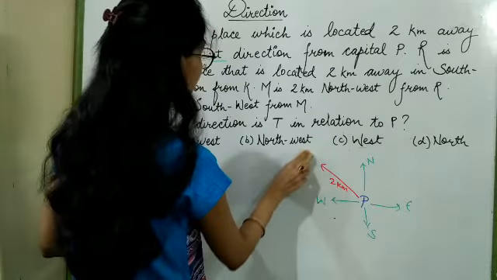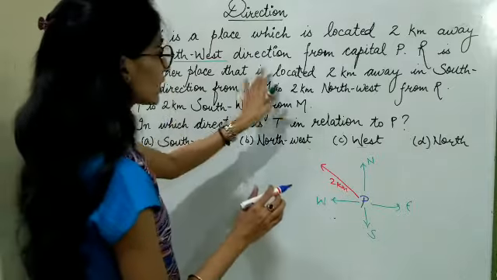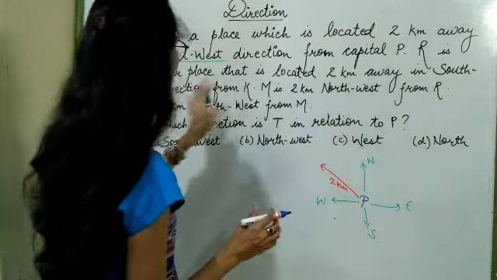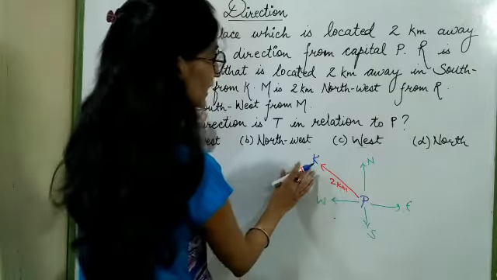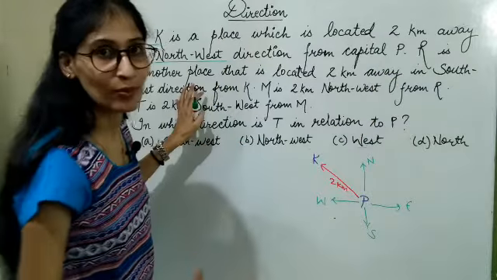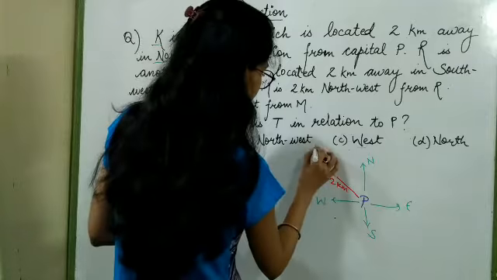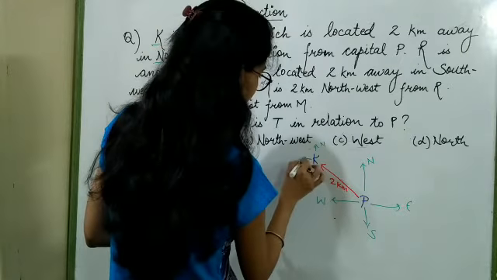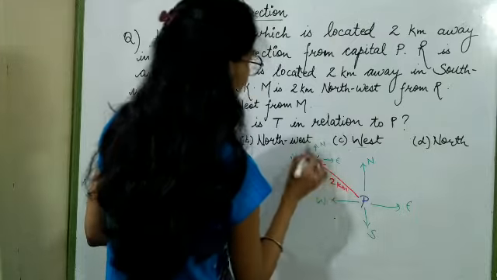Next is R is located 2 km away in southwest direction from K. Now from K I have to locate the position of R. So again the directions of K, this will be north, west, east and south.